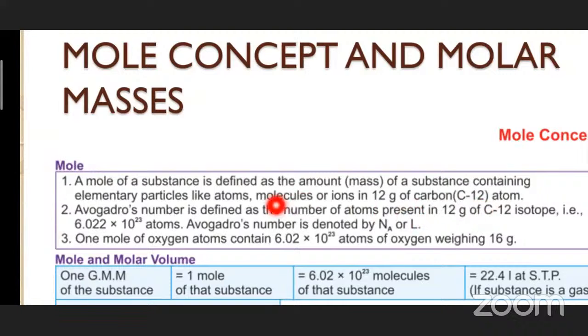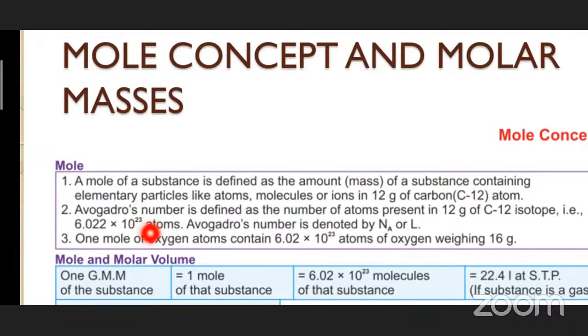So if we are taking 12 grams of carbon atoms, it contains 6.022 into 10 to the power of 23 atoms. This number is important. This number is what is called Avogadro's number.